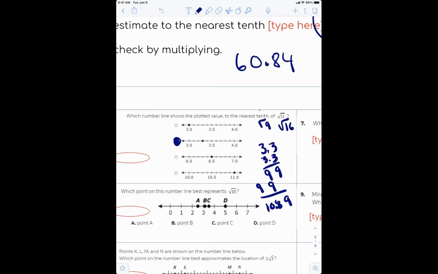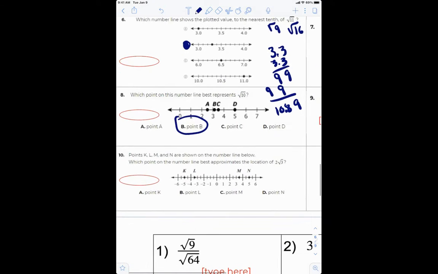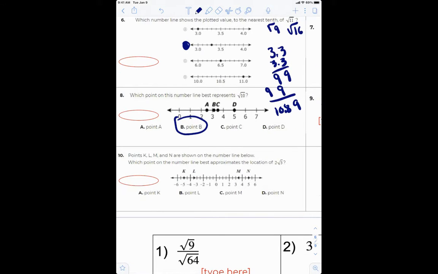So I would say point B. And on your work, you can just drag this red oval circle to the multiple choice answer that you want to choose.